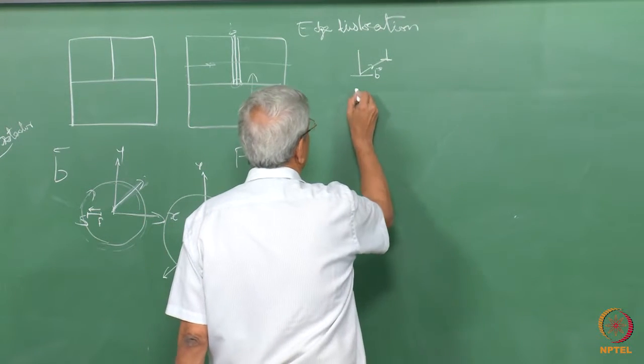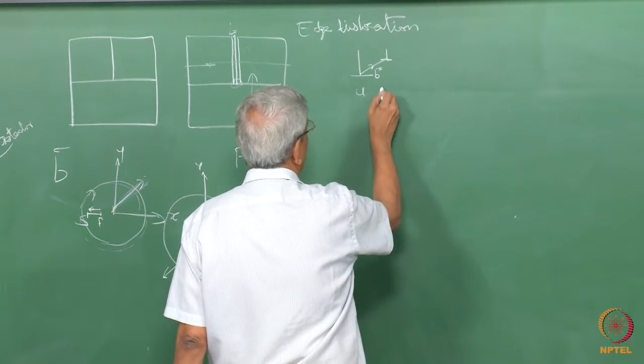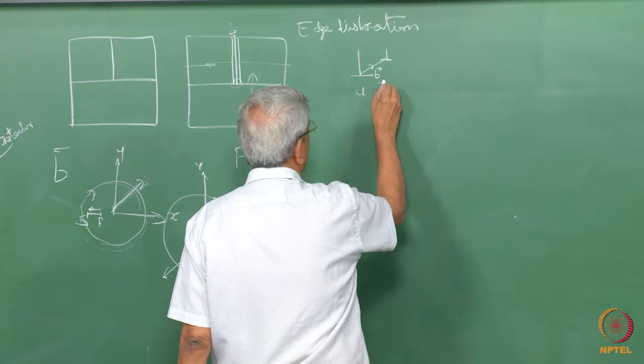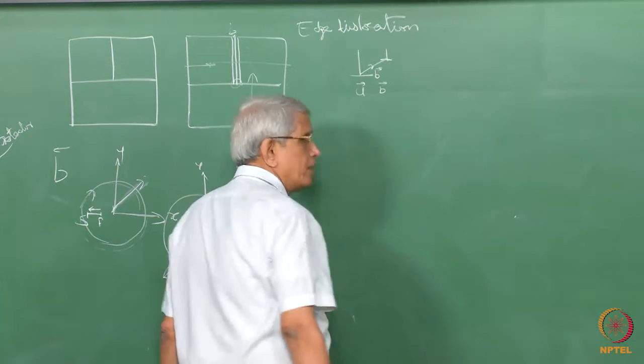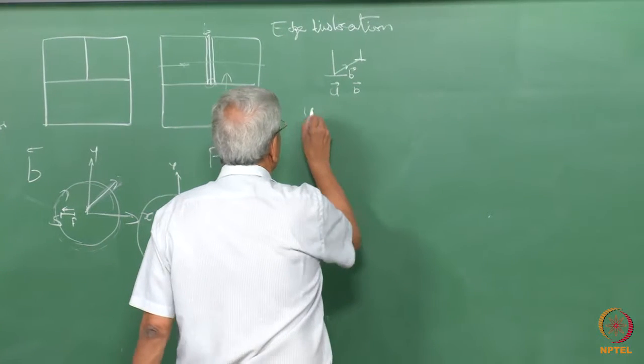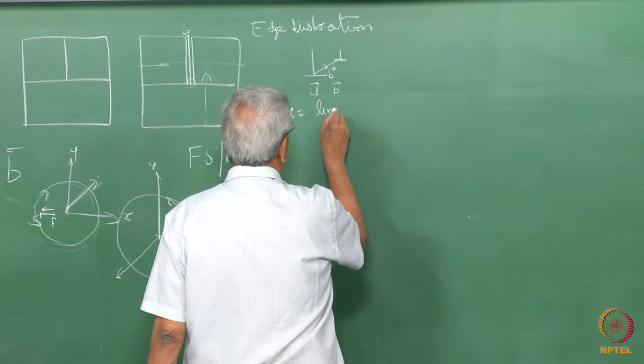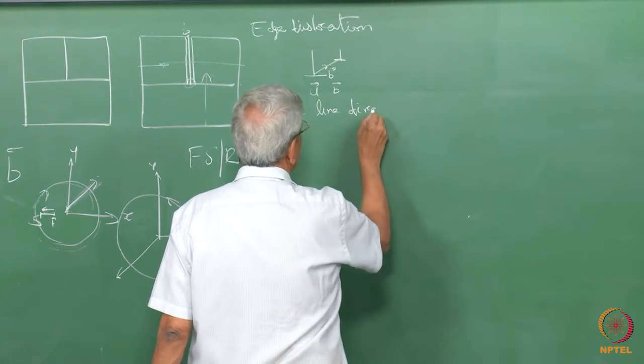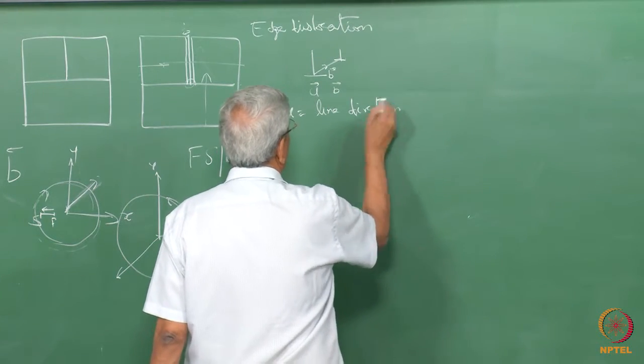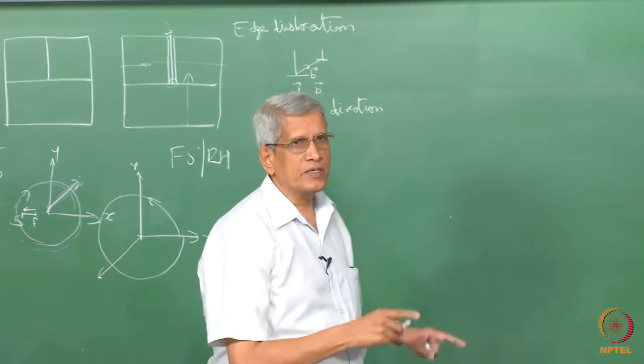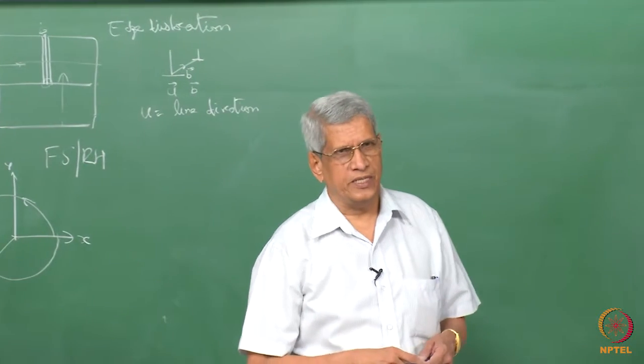If the line direction we define as u, and b is the Burgers vector, u equals line direction. The line direction and Burgers vector make an angle of 90 degrees, correct?